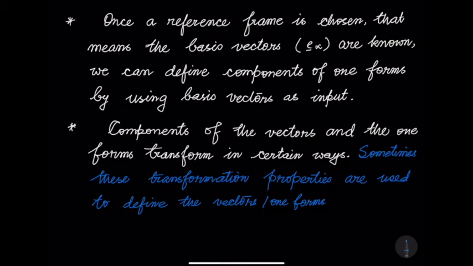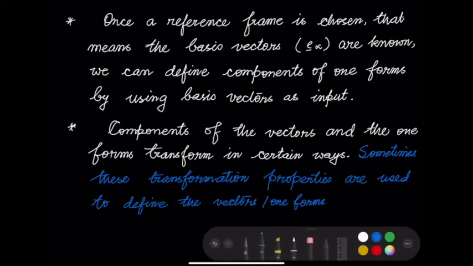So, a few things to notice here. If I choose a vector, there is a corresponding one form, at least in the kind of system that we are working on, there is always a corresponding one form. When I choose the components of the vector, I have to choose the basis vectors. The basis of the one form and the vectors have certain transformation rules.